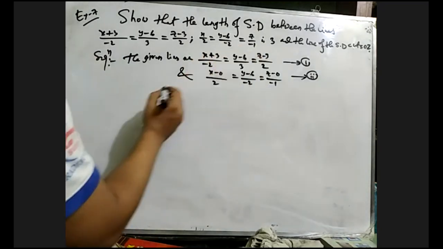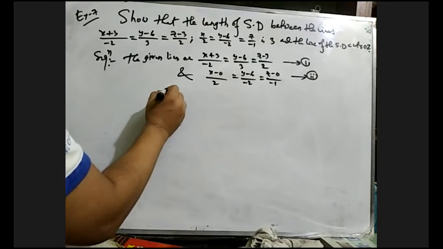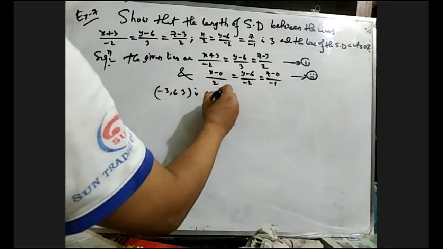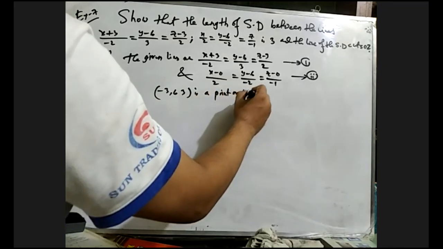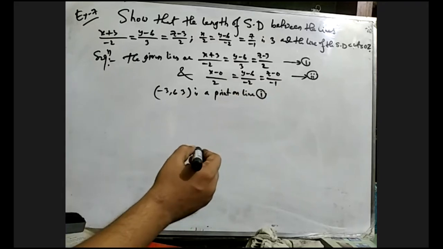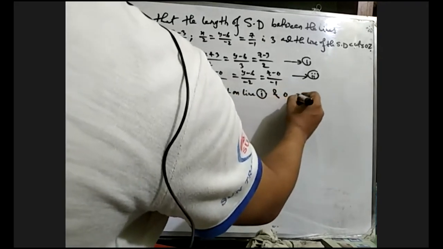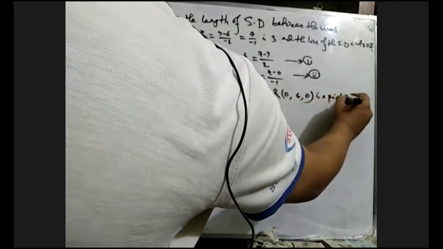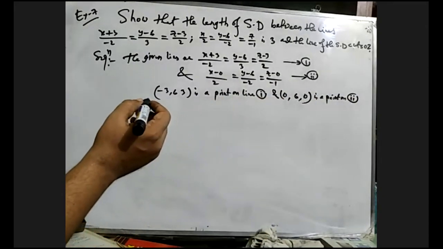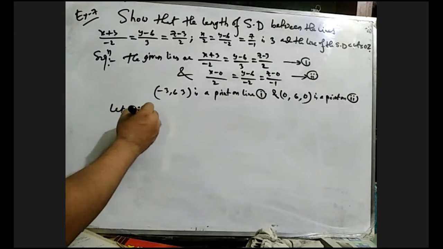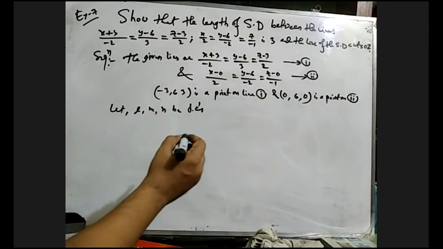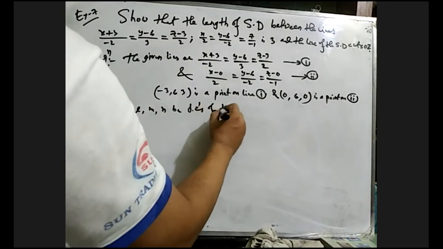Minus 3, 6, 3 is a point on line 1, and 0, 6, 0 is a point on line 2. Let L, M, and N be the direction cosines of the shortest distance line.